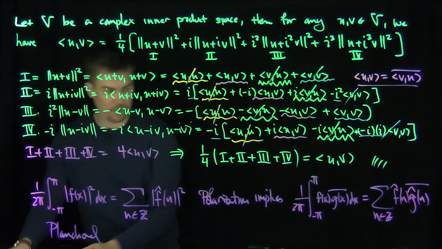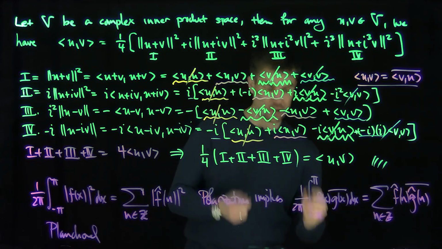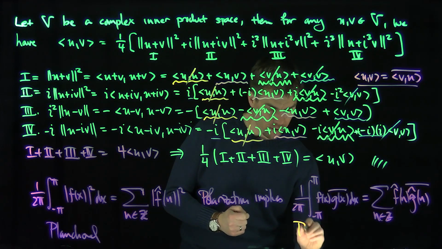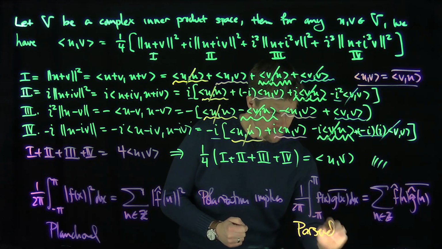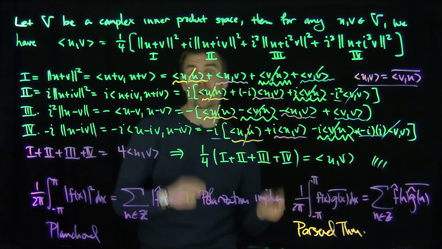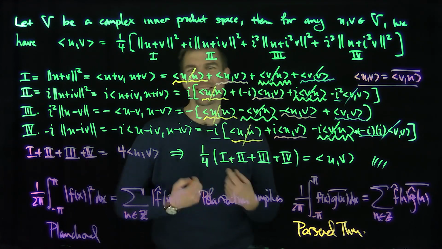So our Parseval theorem actually comes from the Plancherel theorem and polarization. This is true for an arbitrary complex inner product space. So this is our Parseval theorem. So we're able to use the norm equality to get an inner product equality by the polarization technique. Thank you very much.